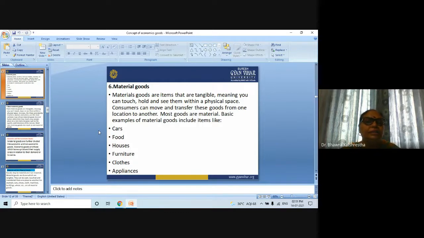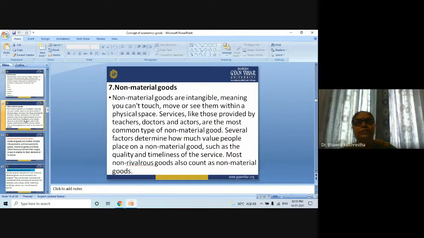And next is the non material goods. Non material goods are intangible, meaning you cannot touch, move, or see them within a physical space.